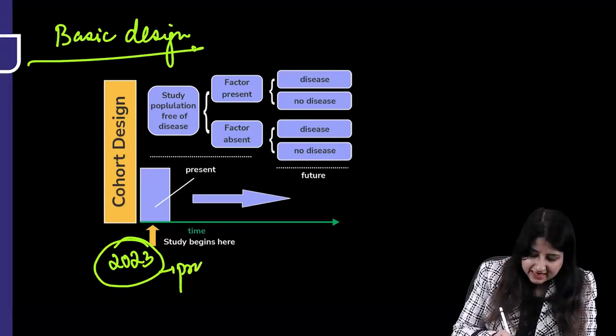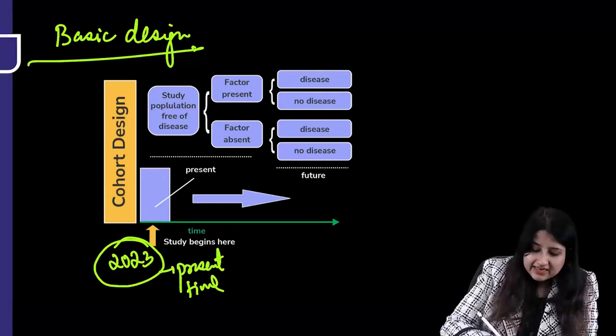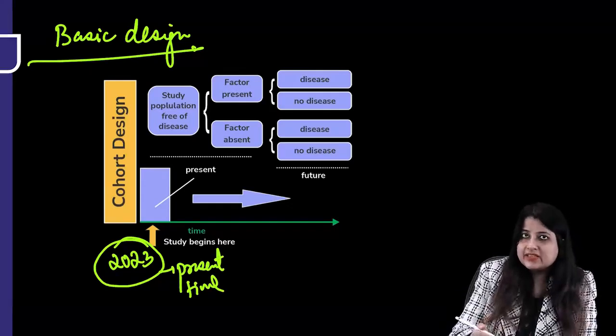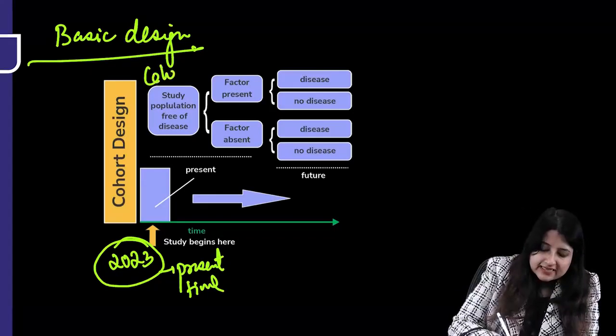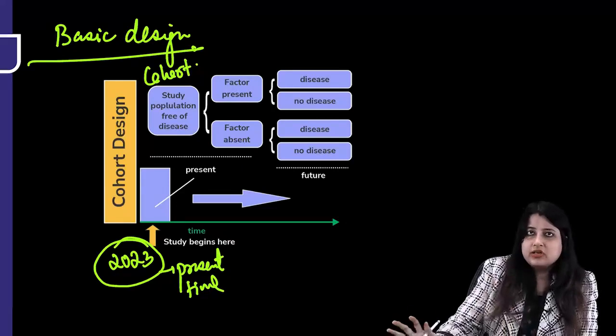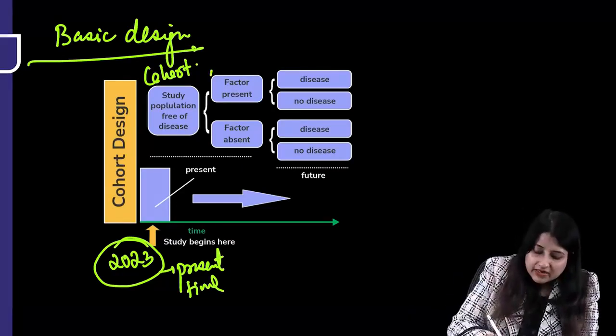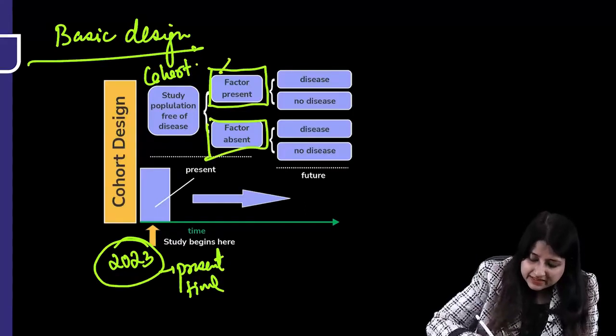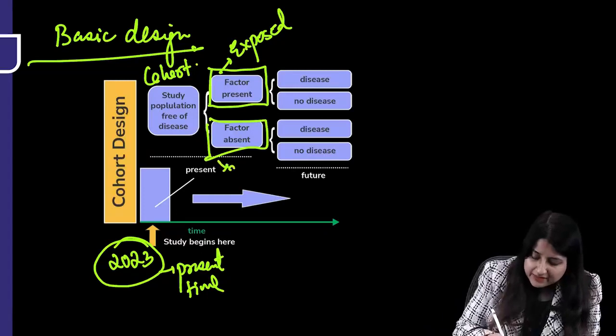That means it's starting in the present time with a study population that does not have a disease. So we have a cohort, let's say a group of medical college students who are admitted in 2023, first year medical college students. Now what are we doing? We are dividing them into factor present and factor absent. This is the exposed group and this is the non-exposed.